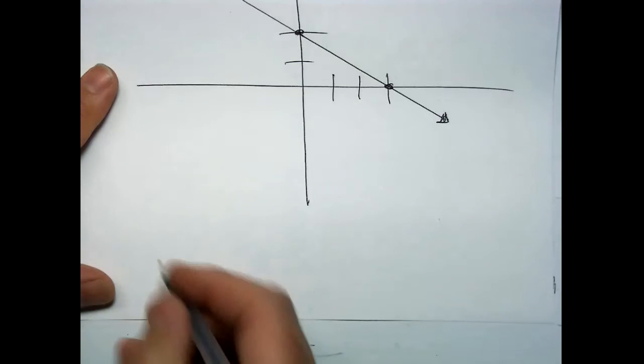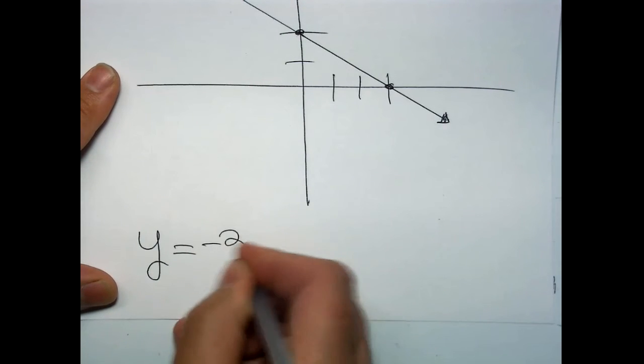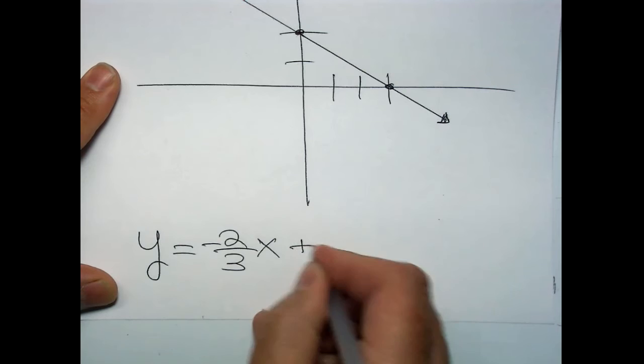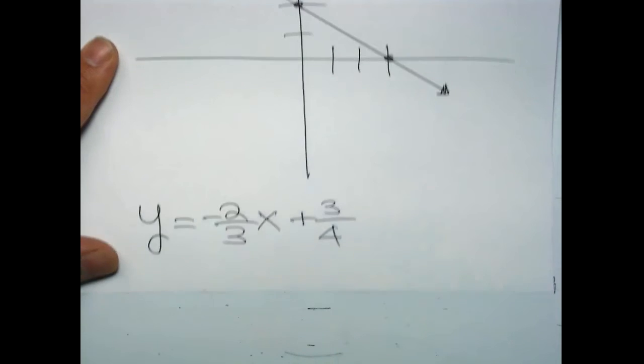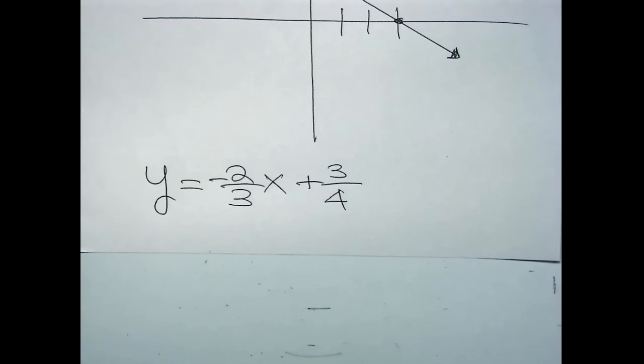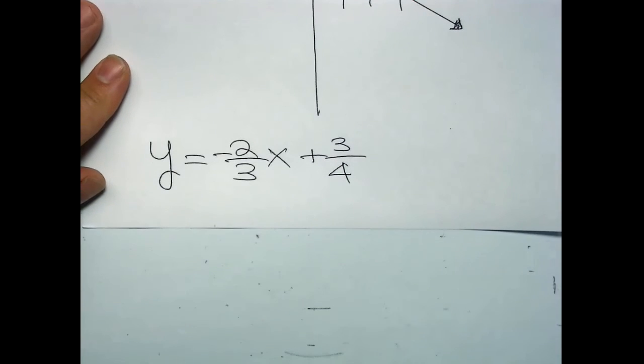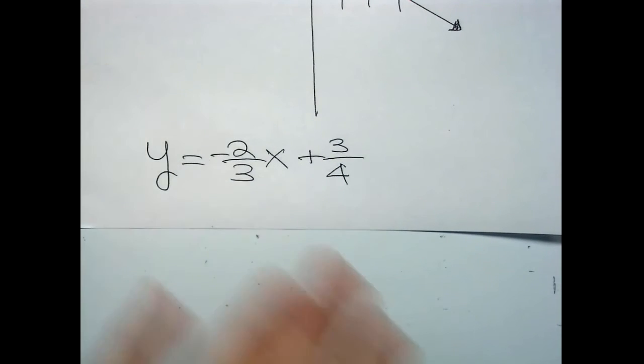So if I were to give you something like this, y equals negative 2/3 x plus, let's say, how about 3/4? Let's not make it a very pretty y-intercept. How do we get that into general form? Well, the first thing you probably remember from general form is that everything is on the left side. Take a look again.